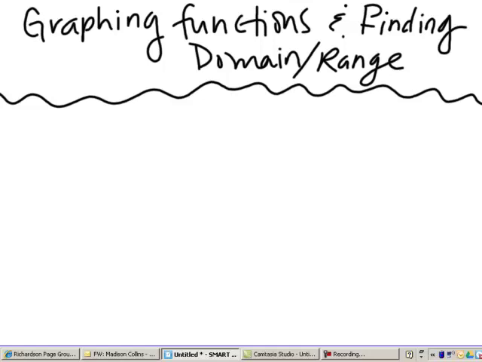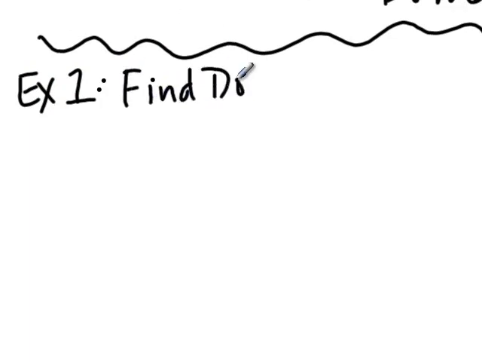Okay, first off, what we're going to talk about is if I were to give you an equation and I asked you to tell me what the domain is, and you had to solve by hand. So, find domain algebraically.